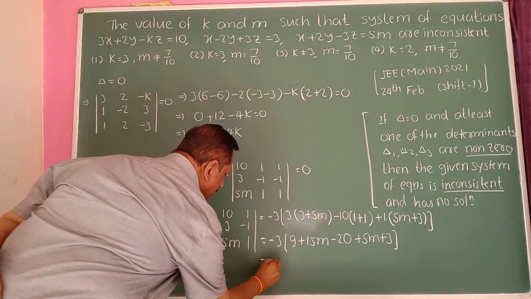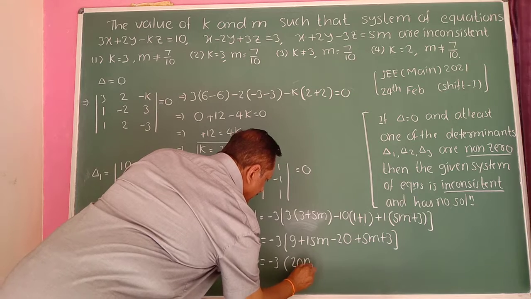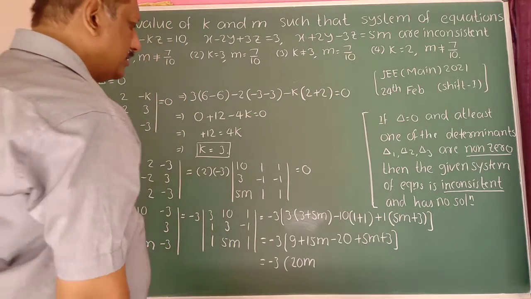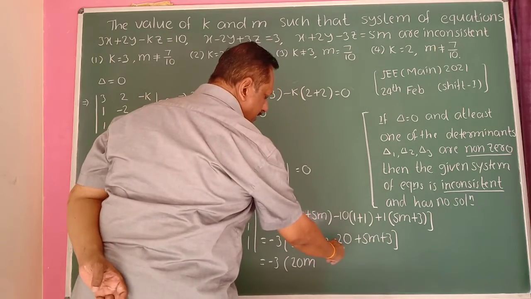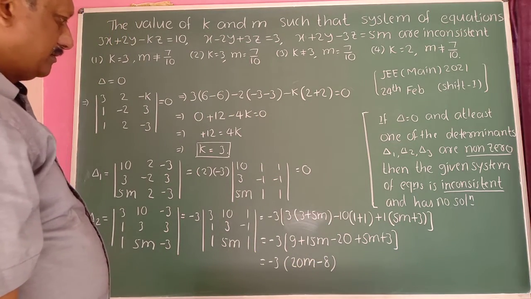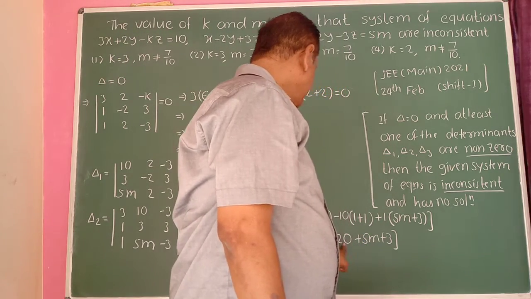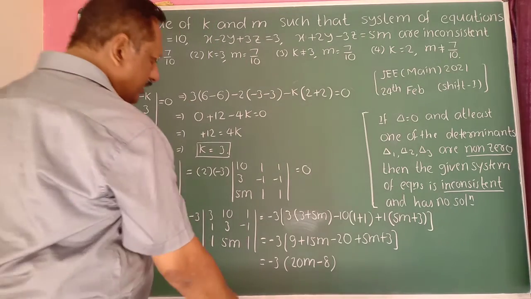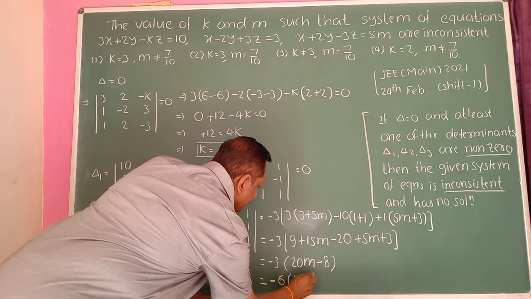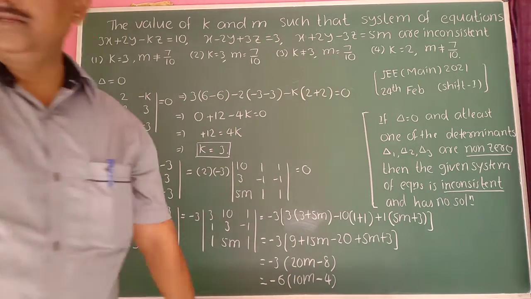So this is equal to minus 3 into (15m plus 5m is 20m, 9 plus 3 is 12, 12 minus 20 is minus 8). Then take 2 as a common factor. Therefore this is equal to minus 6 into (10m minus 4).